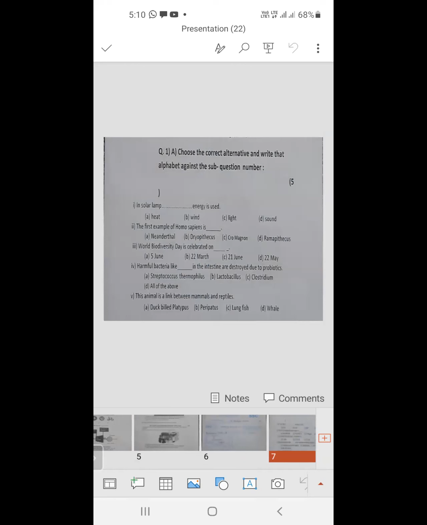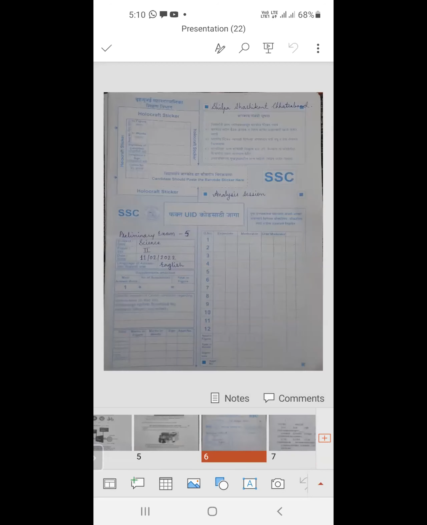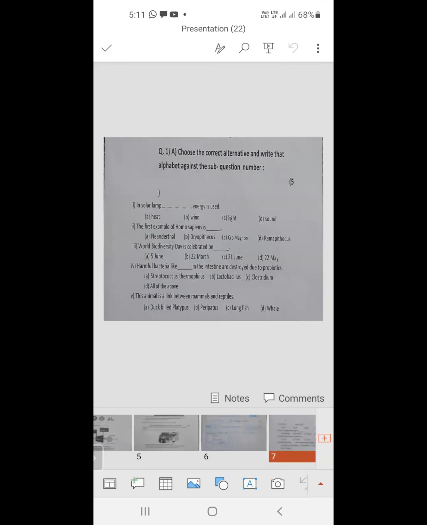The first one, question number 1A, write the correct alternative. The first question is: microbes are used for dash of energy. In a solar lamp, dash energy is used.